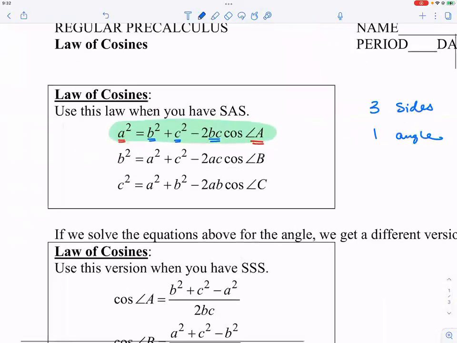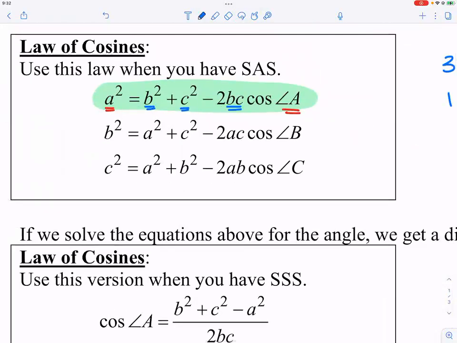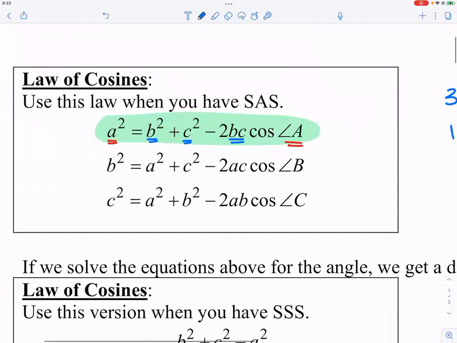What you see for the second and third versions is that they're just rearranging the variables.